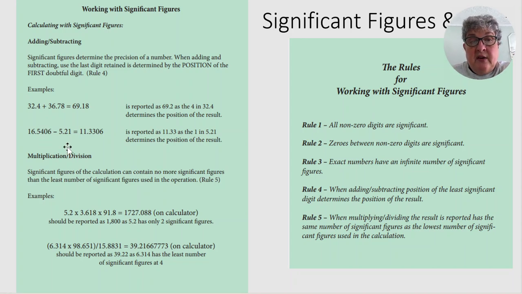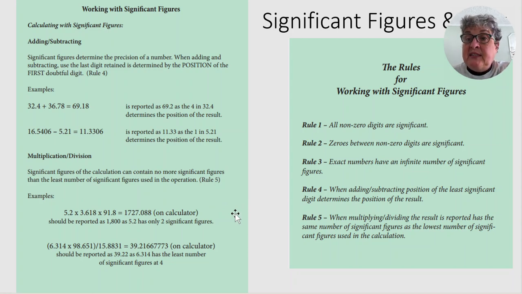Same with this one here. We would actually round this because this is the number that controls how we're adding or subtracting. Another example, in multiplication and division, you can see that as well.